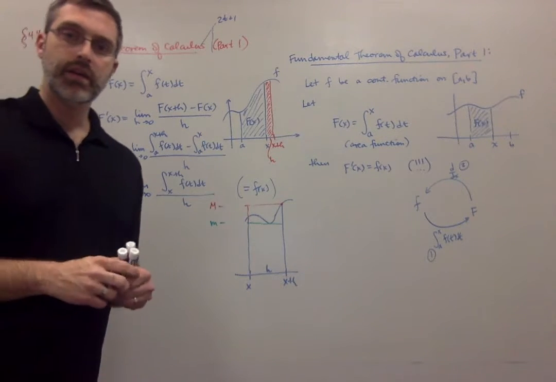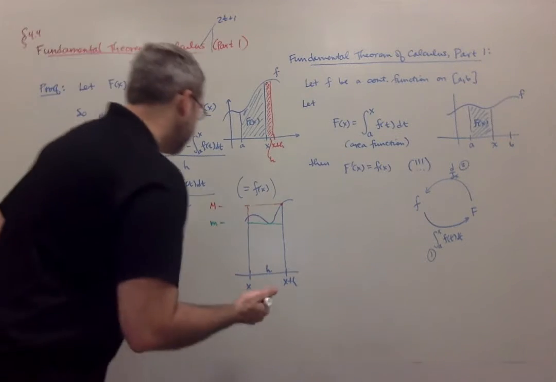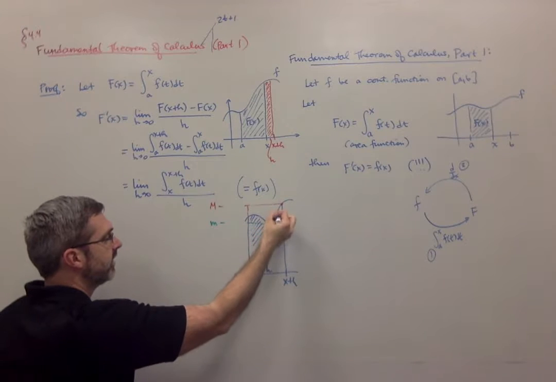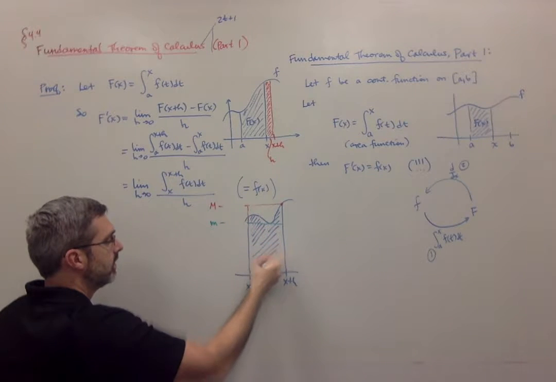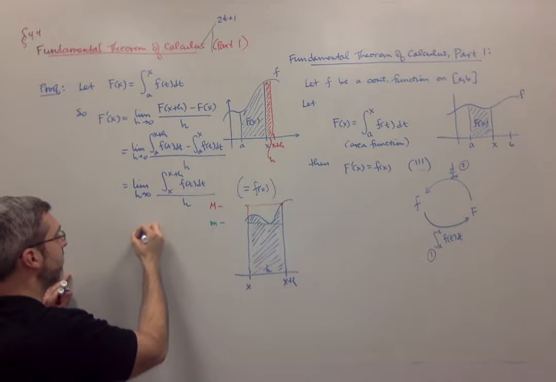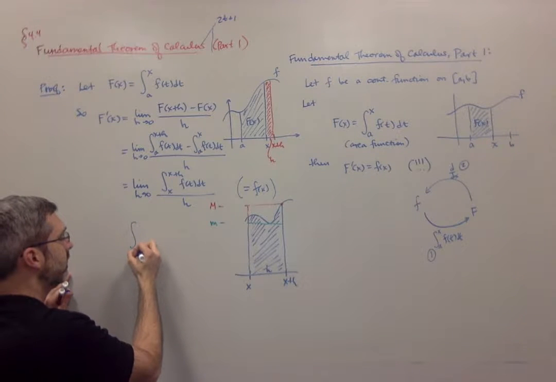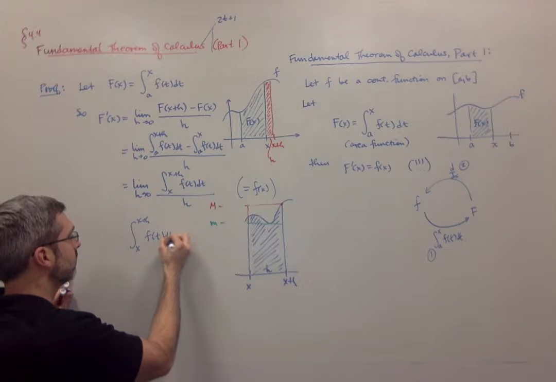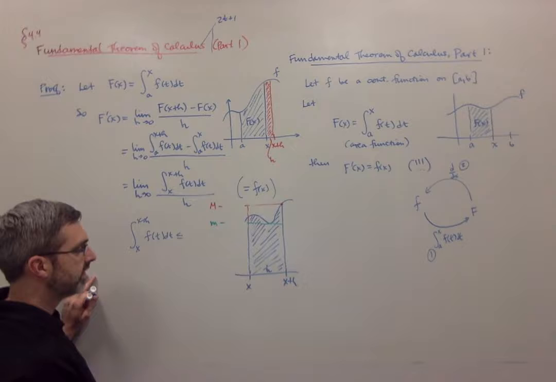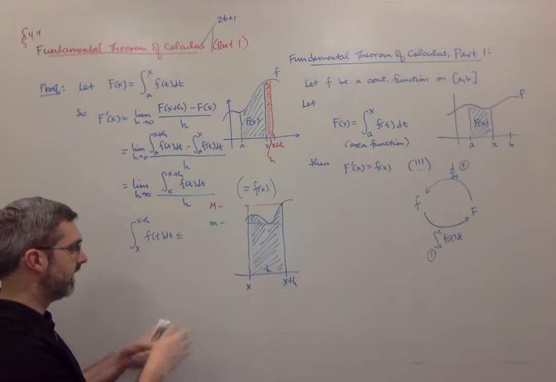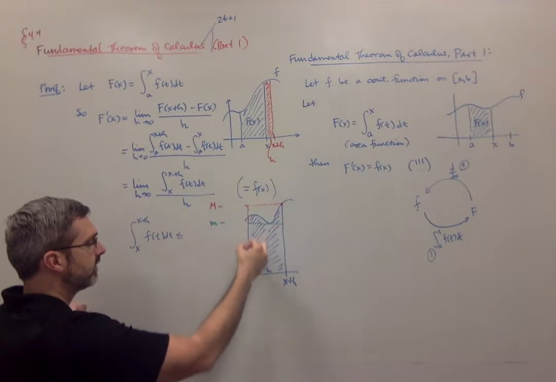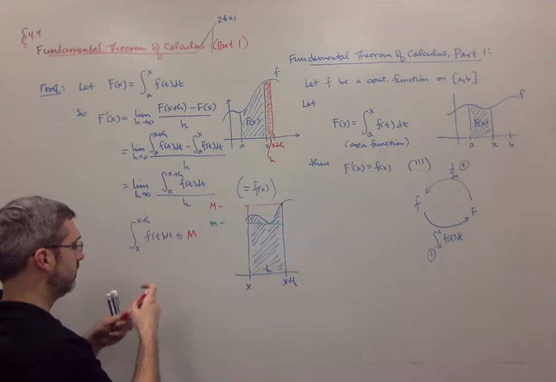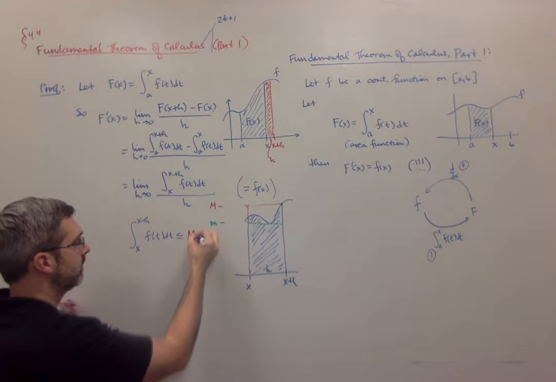Okay? Here's what I want you to notice. The area that we're interested in, this area right here. Okay, so notice that the area from x to x plus h, the worse that is, that area is less than this rectangle area, which is the maximum the function gets, times the width.